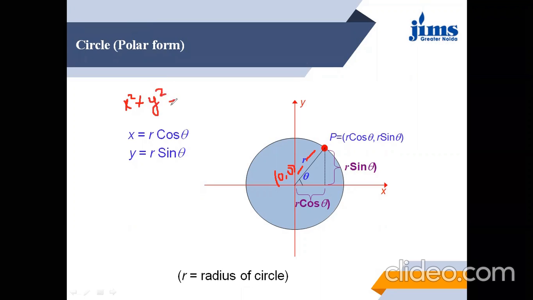This is the general equation of a circle where x and y are the coordinates of any point on the circle.